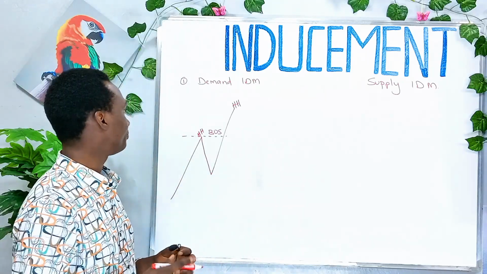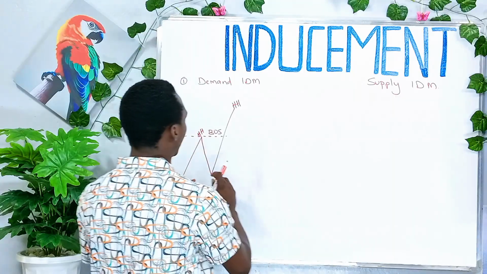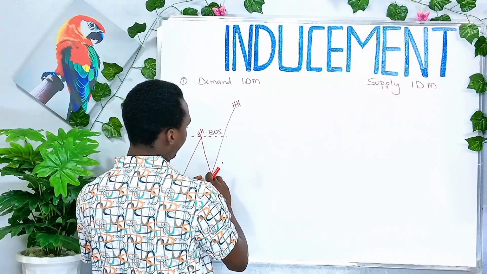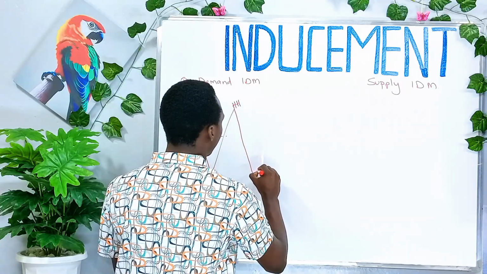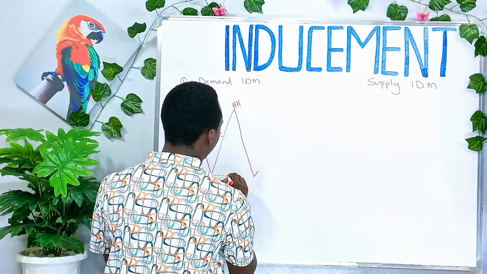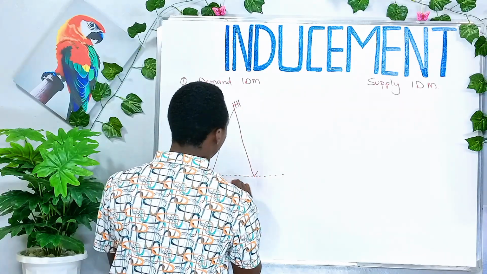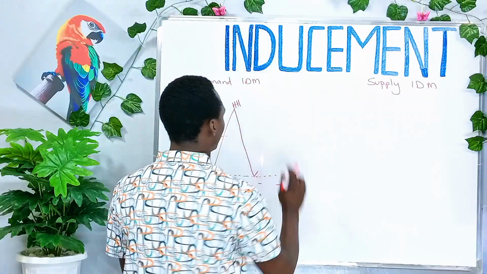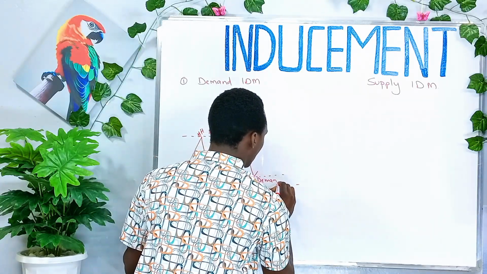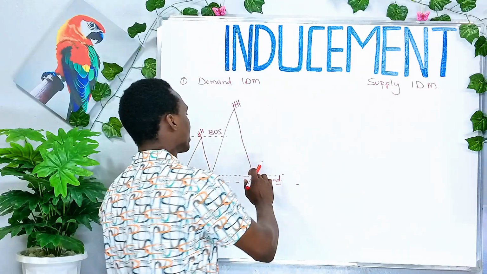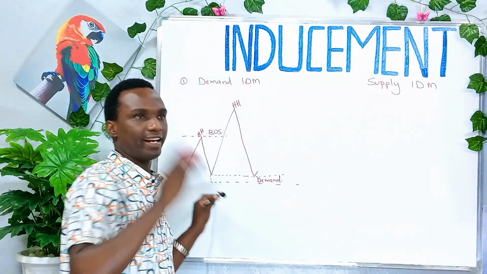So we would expect the price to come around this price and bounce off this area, because this one is our expected demand zone. So we expect the price to bounce off this demand zone and go on creating higher highs and higher lows.